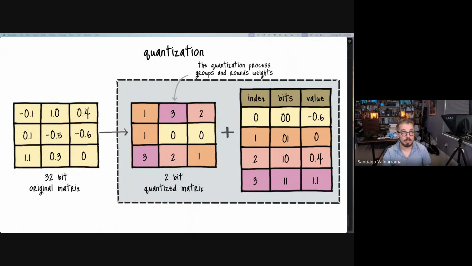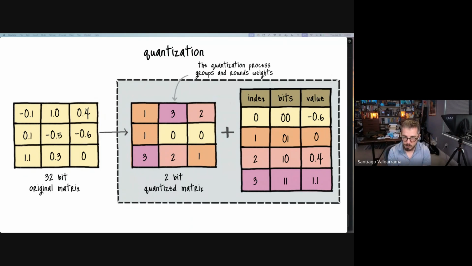It's an approximation. Let's look at the other one, this 1.0. It's going to be replaced with a 3, and the 3 is going to be rounded to 1.1. So anything close to 1.1 is going to be replaced with a 3. Again, it requires only 2 bits, 1 and 1. Those are the 2 bits that it requires. And you can go throughout the whole matrix and see how crazy the compression you are going to get is.